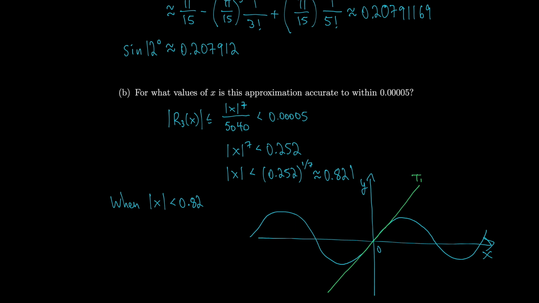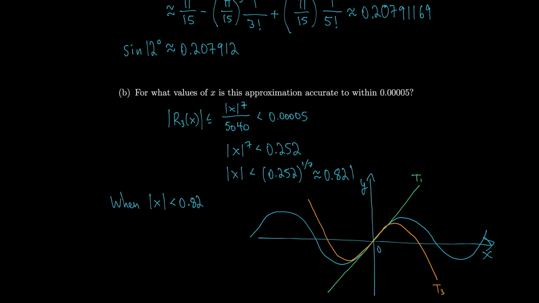But if we then went to, let's say, T3 for our third degree Taylor approximation, then that's a nice cubic. It's something like this. So this cubic T3 is a little bit better than our first degree Taylor polynomial.